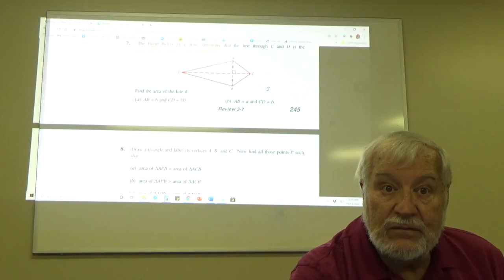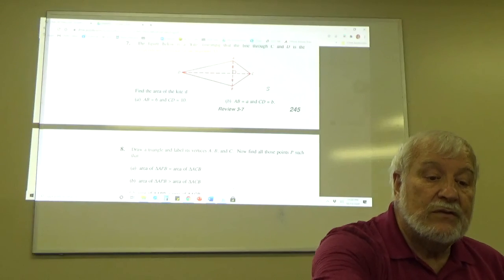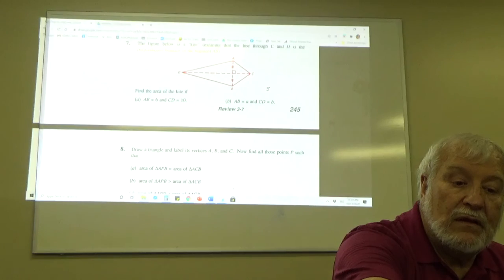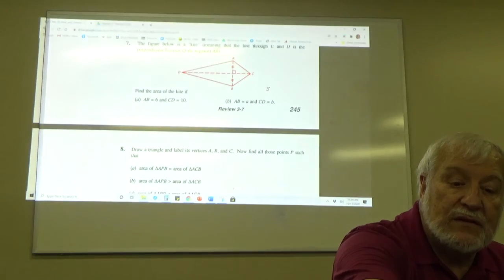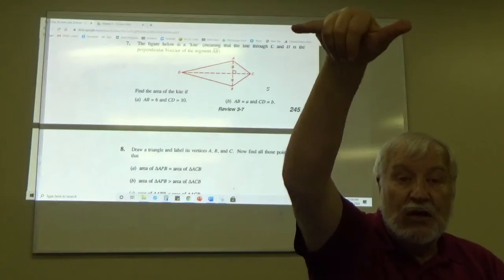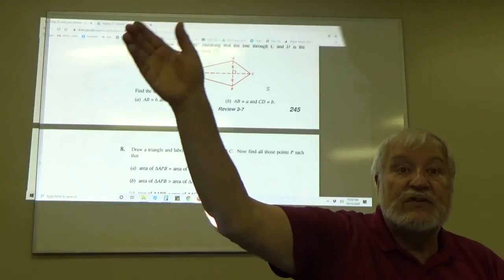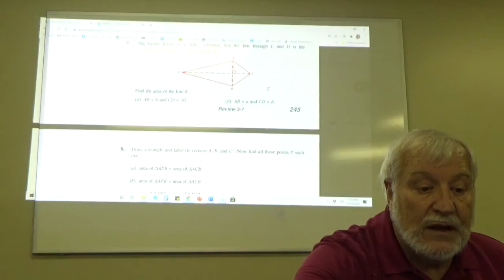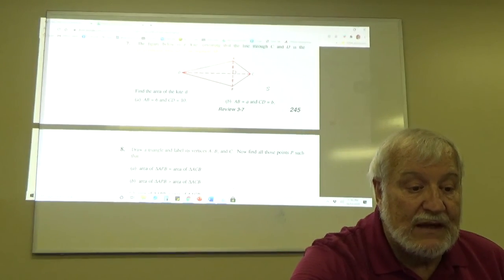And there's actually an algebra method where D to the middle, DM to MC, that distance, you can use that whole number and then use the distributive property times the base on the other side, the AB.